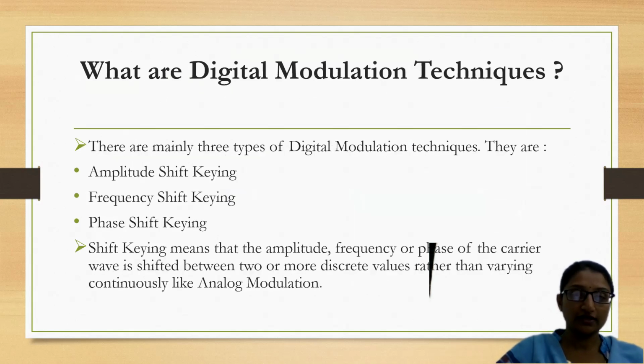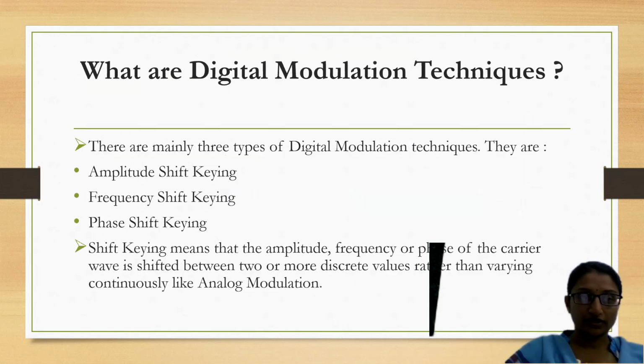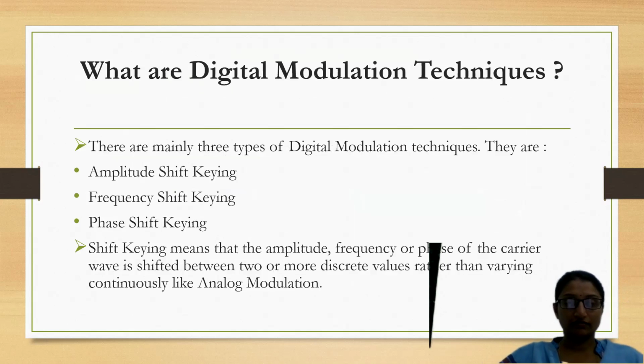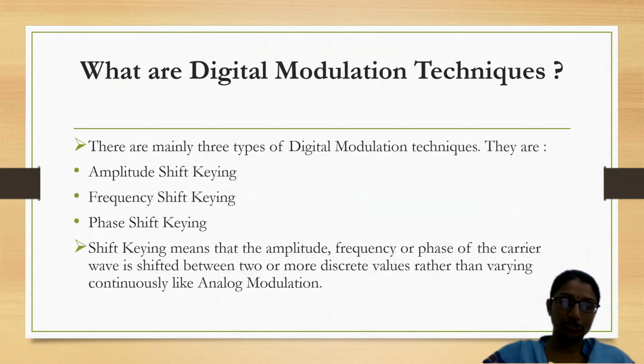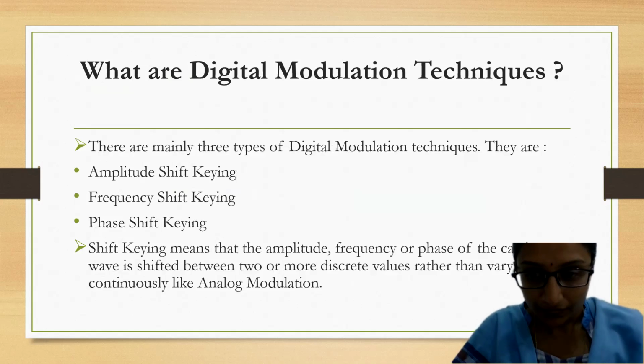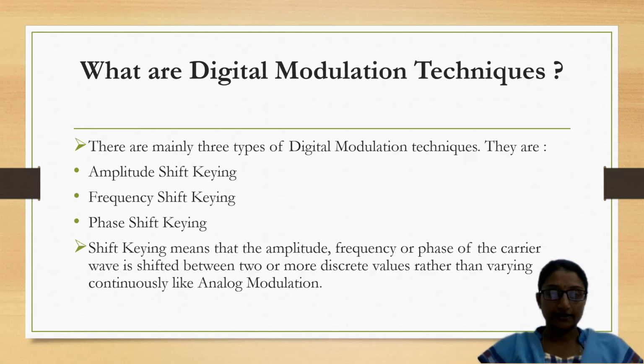ASK, FSK and PSK. Further, PSK is classified into BPSK, QPSK and a special case, DPSK. Other than these three techniques, we have the QAM modulation technique, which is a combination of PSK and ASK.